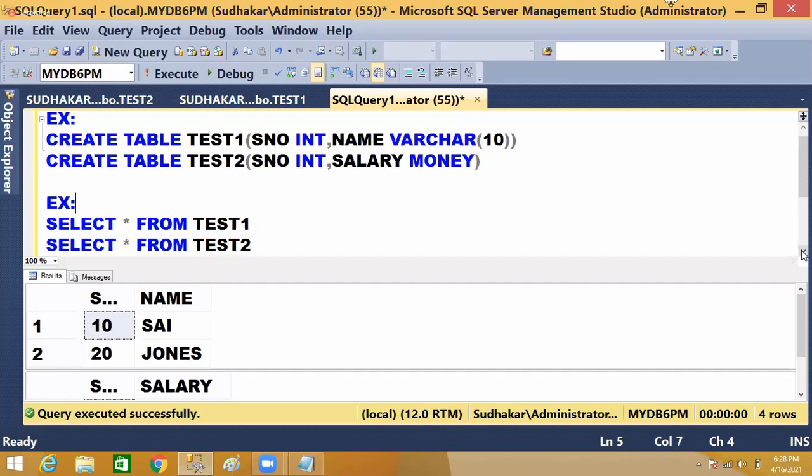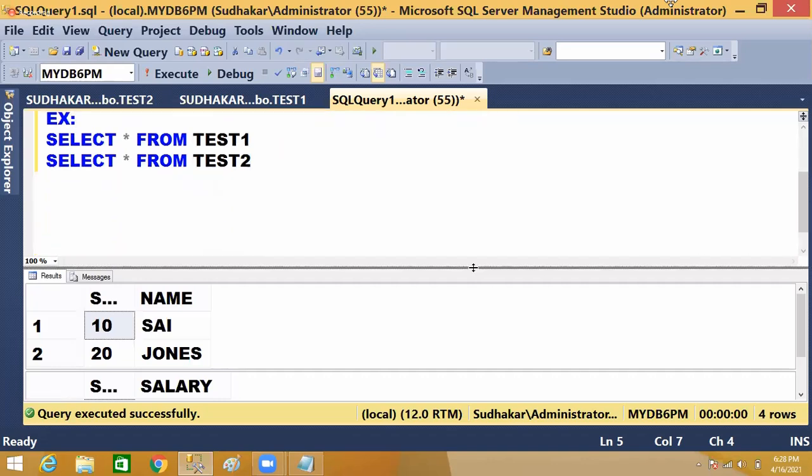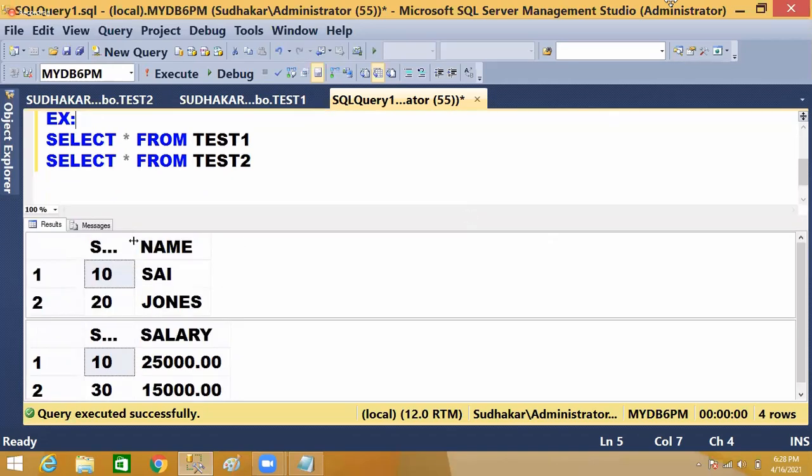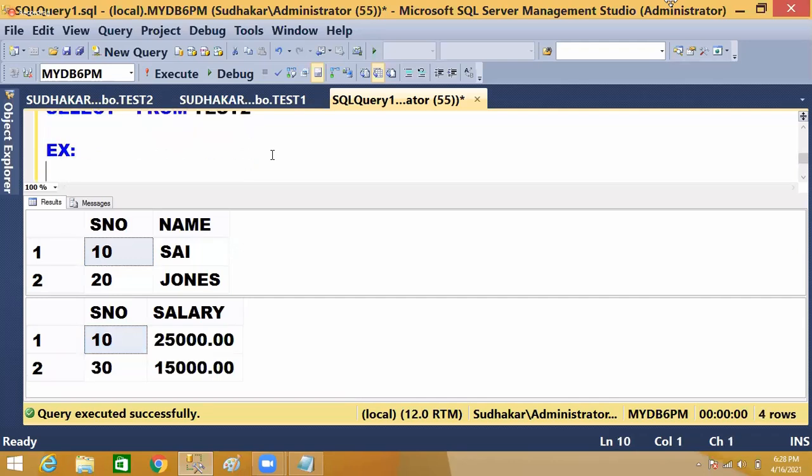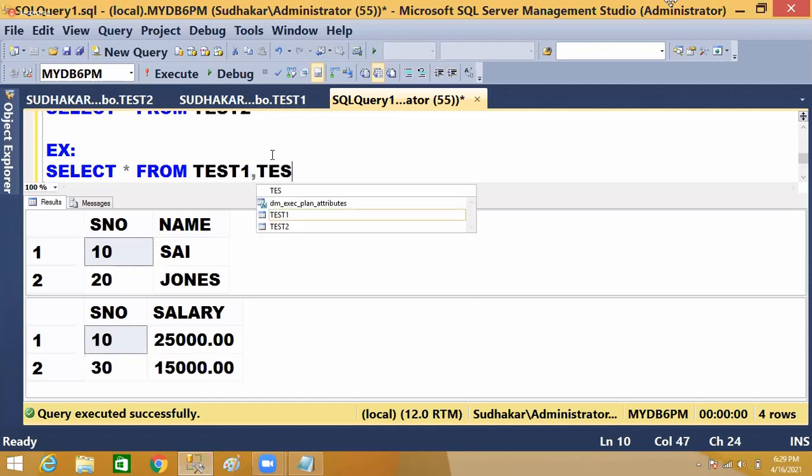So in these two tables we have our data, and now on this data I'm going to use a non-equi join statement. How am I going to write it? Select star from test1 t1, where t1 is an alias name. Whether you create an alias name or not is your wish; alias names are not mandatory. If you want, you can create one, otherwise you can write it directly, no problem.